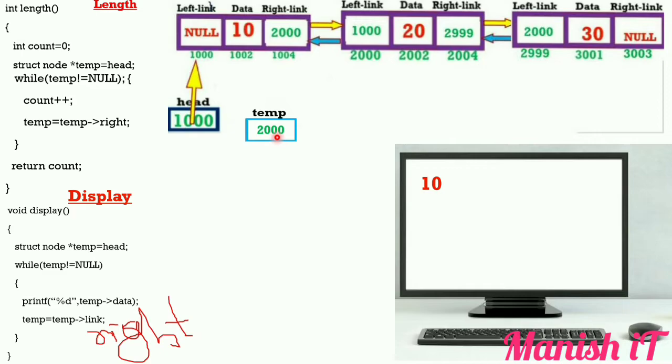So whenever 2000 is stored, temp starts pointing here. Now it prints that value: temp->data means 20. 20 is printed on the screen.